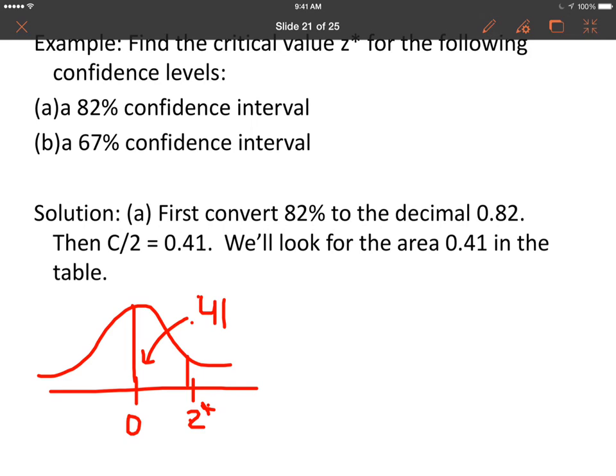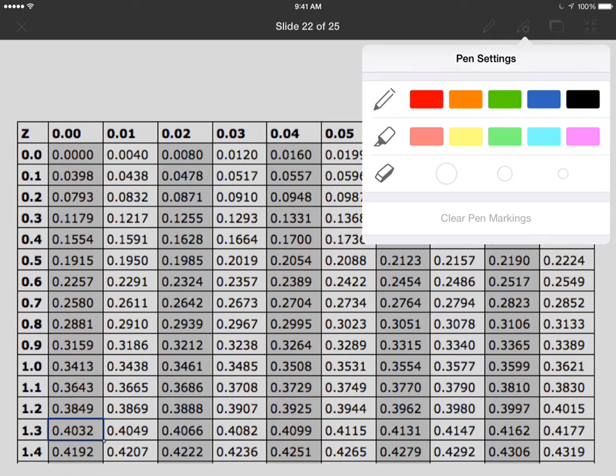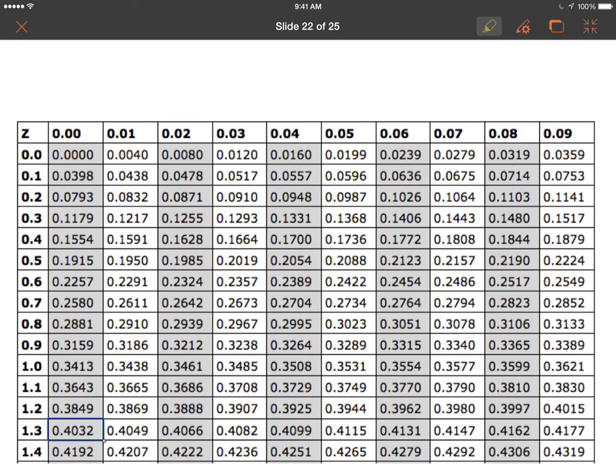Go ahead and pull out your table. Remember, I'm looking at the values in the middle for area, and we're looking for the number closest to 0.41. Here's 0.4099, and here's 0.4115. So 0.41 is between those two. Which one is closest to 0.41? It's 0.4099.